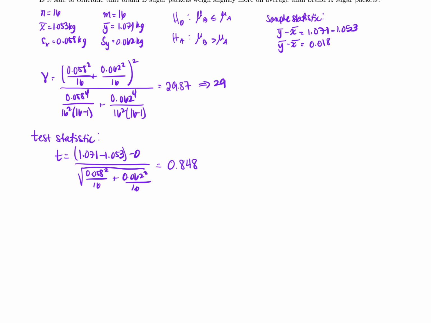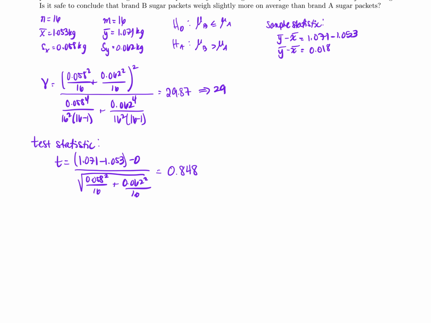So let's find our p-value. Our p-value here is going to equal the probability that our results are at least 0.848. Well, I think it's 8.481 maybe, but it's okay.